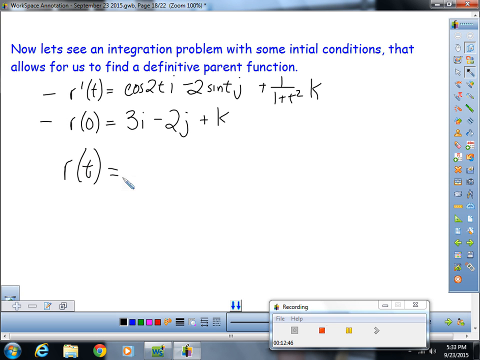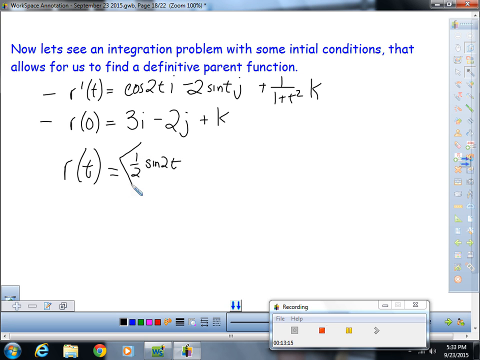The integral of cosine of 2t, oh gosh, u substitution. Okay, that's going to be 1/2, or is it going to be negative 1/2? Let me think, I think it's going to be negative 1/2. No, derivative of sine is cosine, so 1/2 sine of 2t, okay?